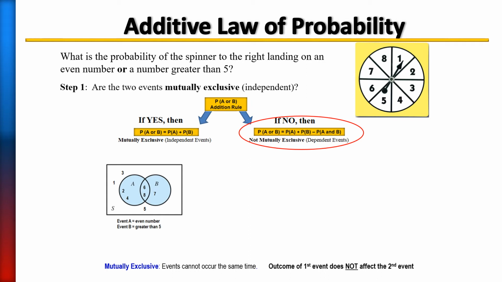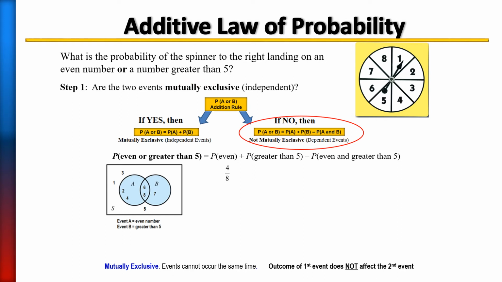So finding the probability of a number that is an even number, we had again 2, 4, 6, 8, so that's 1, 2, 3, 4 numbers out of the 8. And then the next event, event B, was getting a number that's greater than 5.